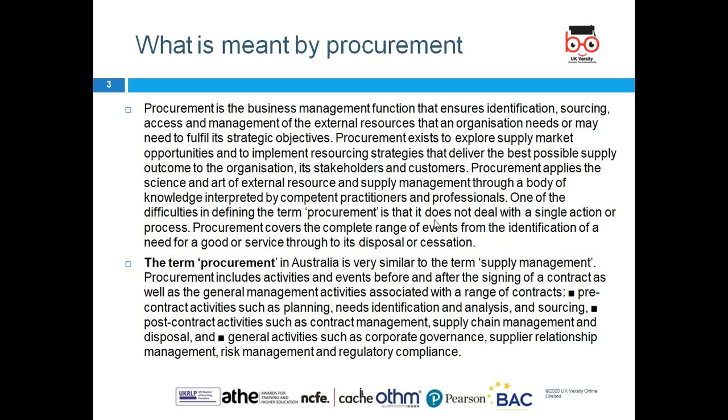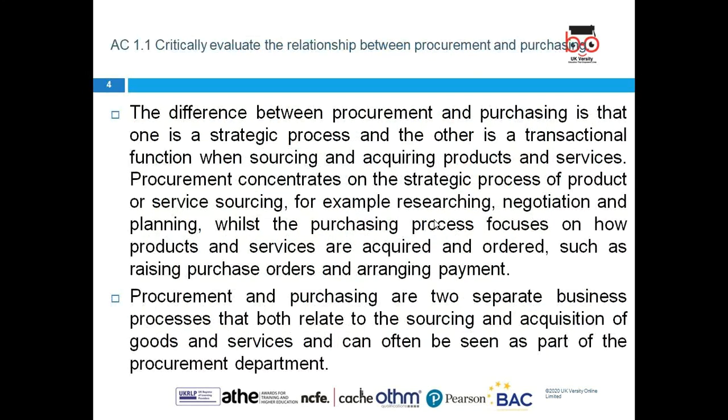Sourcing and post-contract activities include contract management, supply chain management, and disposal. Especially in the procurement department, we need a good relationship with all other departments to achieve our organization's objectives. Supplier relationship management, risk management, and regulatory compliance all come under the term procurement as well. So it's a vast area. It's not just purchasing.